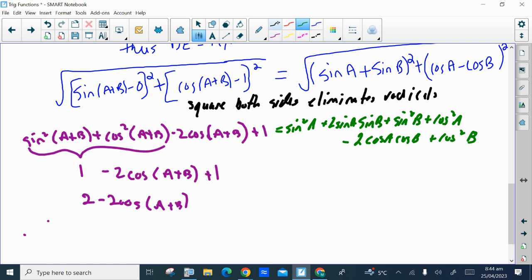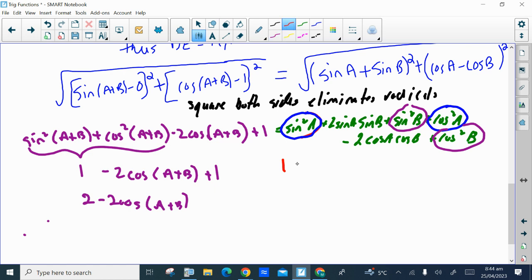And we can collect some terms here. For example, let's go back to blue. This term here, sine squared A plus cos squared A, will give us 1 from that Pythagorean identity. So we have 1. As well, we have sine squared B plus cos squared B. That also equals 1.